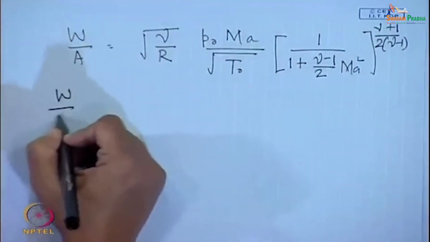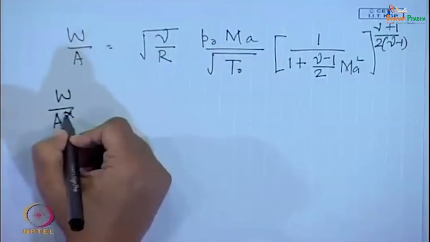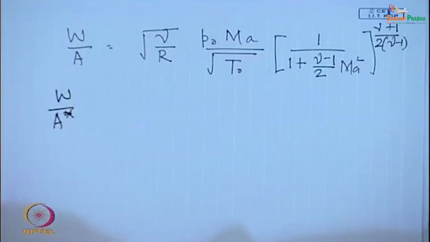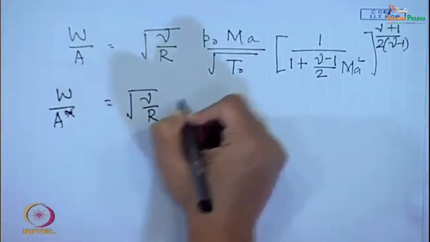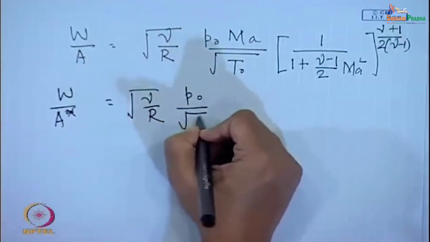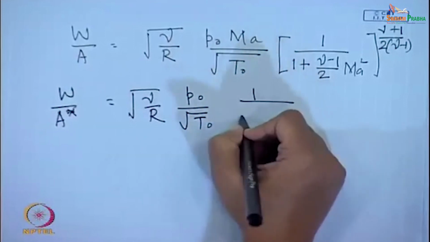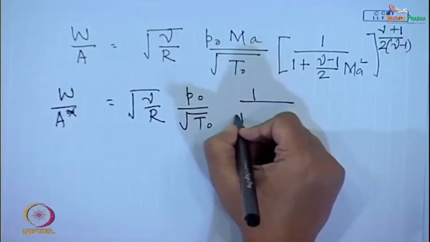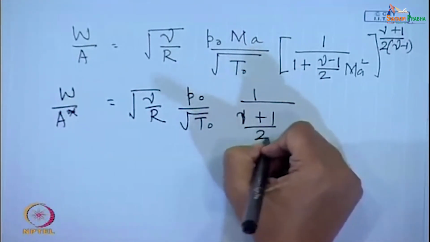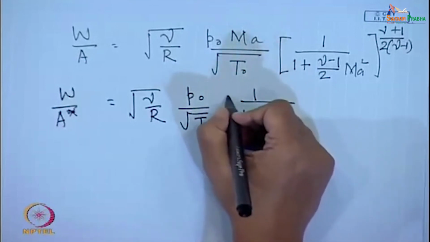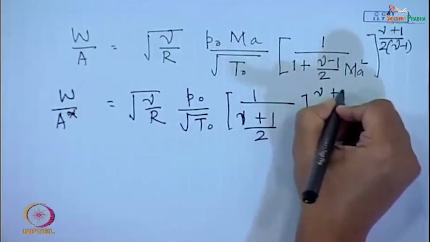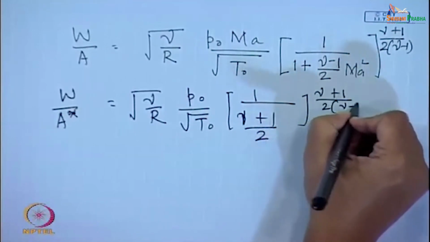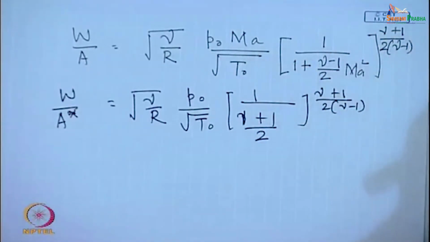Now, W by A star is nothing but equal to root gamma by R, P0 by root T0, into 1 by gamma plus 1 by 2, to the power gamma plus 1 by 2 into gamma minus 1, is not it?